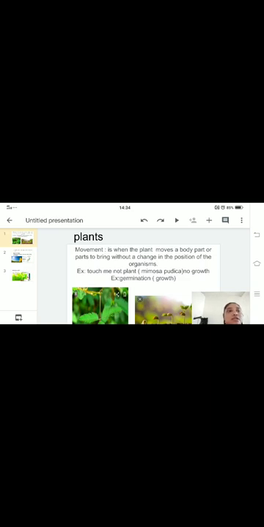Example, as you can see here, I have just given the touch me not plant. Scientific name it is Mimosa pudica. As soon as you touch this plant, what does it do?